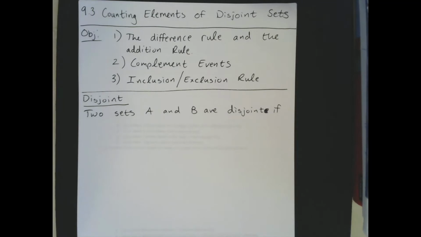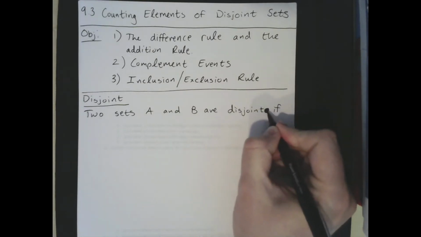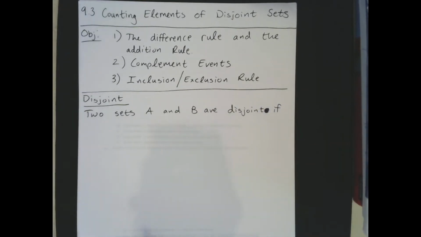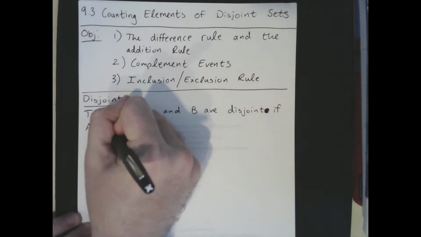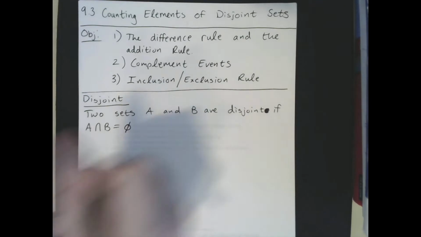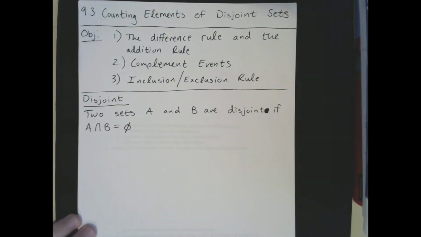You can say the two sets are disjointed or disjoint. It doesn't really matter which word you use, which is why I started to write disjointed. But the property is the same. This means that A intersect B is the empty set. They have no overlaps whatsoever.